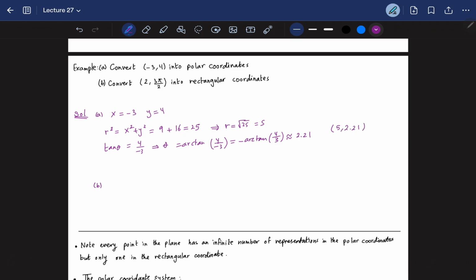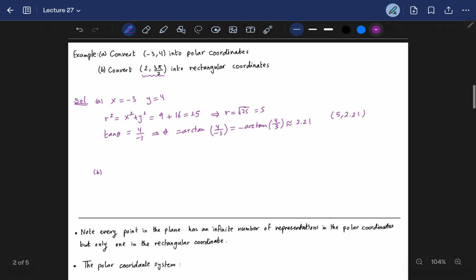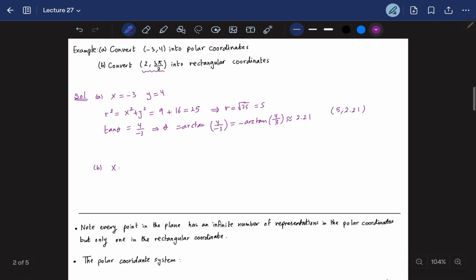Now in the second part, I have a point in the polar coordinate and I want to find it in a rectangular coordinate. So I'm just going to apply the formulas where r is 2, theta is 3 pi over 2. So it's always r, theta. Okay, so now let's review the equations. x is r cosine theta, y is r sine of theta.